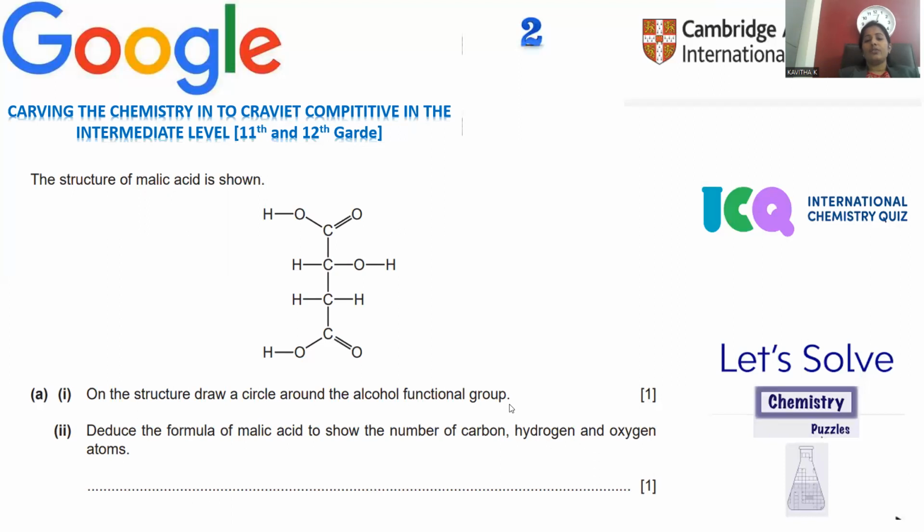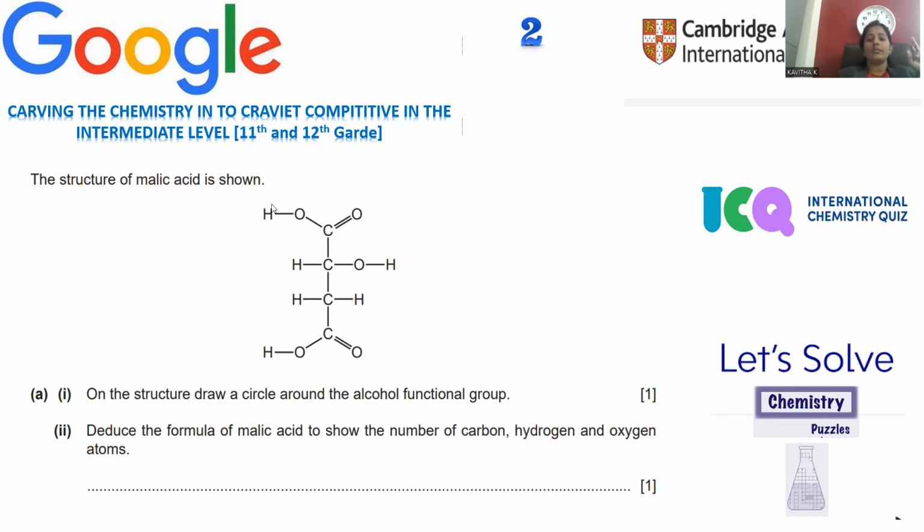Alcohol stands for hydroxyl. How many hydroxyls are there? If you see, here is OH, here is OH, here is OH. Most of the people will have the misconception that these many OH are present, so that we can go for 3 hydroxyls in this. But it is the wrong conception. Only this is considered as a hydroxyl, and this is entirely considered as a carboxylic acid.